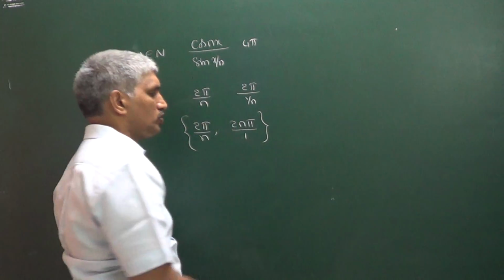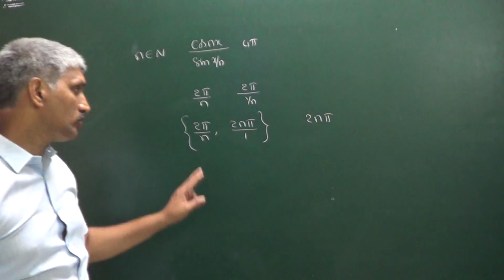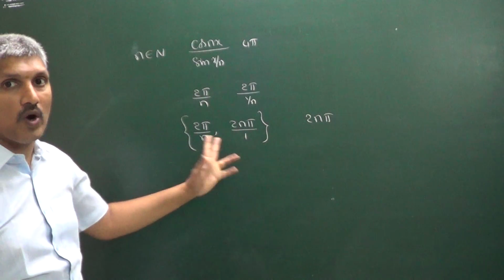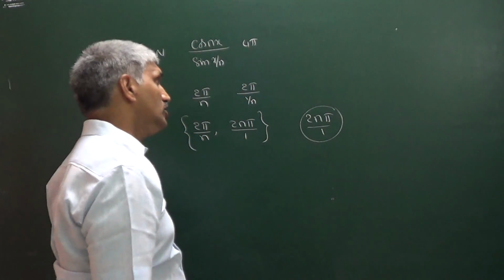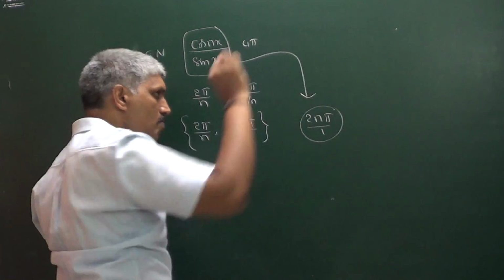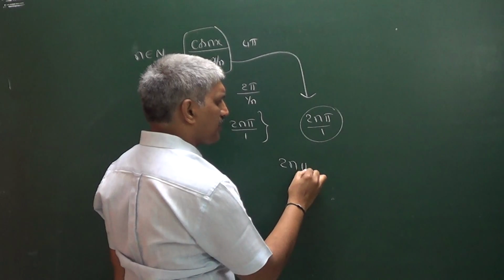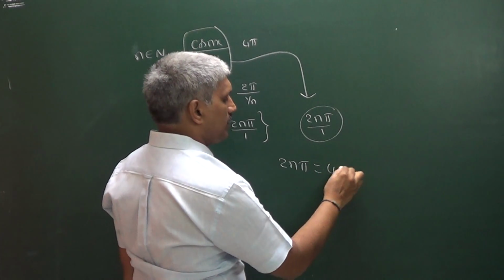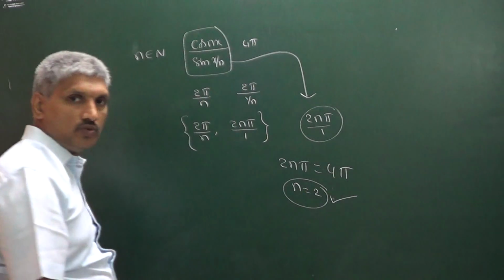Numerator LCM is 2n pi, whereas for the denominator we have to find the greatest common divisor of 1 and n. The greatest common divisor of 1 and n is 1 only. That means this function is a periodic function with period 2n pi. But in the question the period is given as 4 pi. Now pi cancels, you will get the value of n is equal to 2.